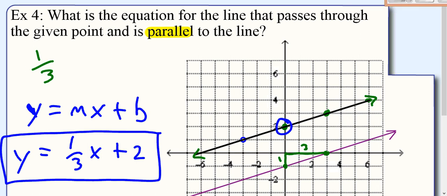So you can do that same process without the graph. This time we use the graph kind of to help us out. But you can do that without the graph because you know m, and you actually know a point that it's going to pass through. You know a point that it has to pass through right here, (-3, 1).